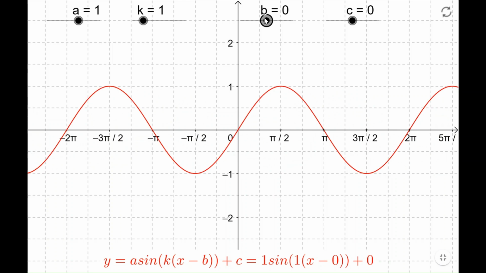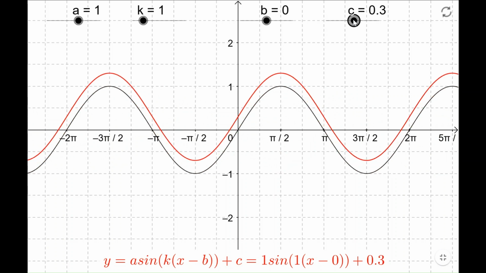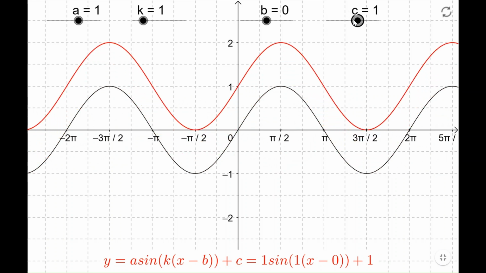The next piece we want to look at is C. It's the plus constant on the outside of the function. Hopefully, if you remember this, the C value here is just a vertical shift. In terms of our trig functions, though, this C value also has a special extra role.